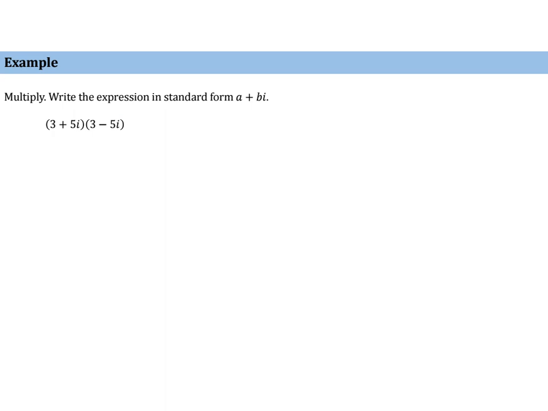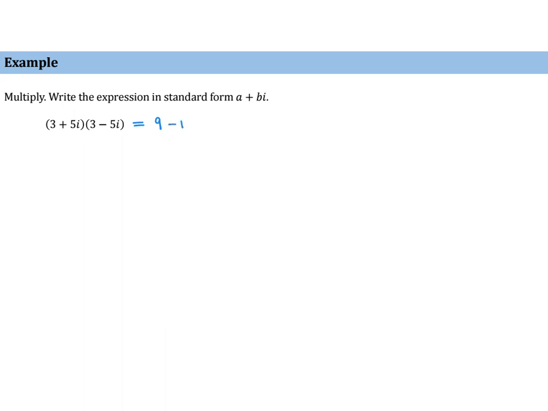Okay, so now I want you to try this one. So go ahead and pause the video and see what happens if you multiply these two. So go ahead and FOIL these out. The first will be 9 because 3 times 3.